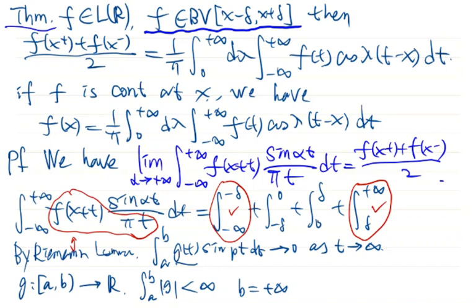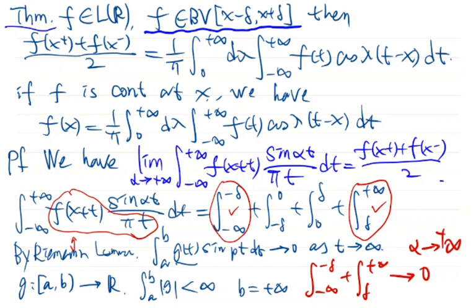The interval of integration is bounded away from 0. Therefore, such a g(t), that is f(x+t), x is given, divided by pi t, is absolutely integrable. So we can apply the lemma to see that the integrals from minus infinity to minus delta and from delta to positive infinity go to 0 as alpha goes to infinity.